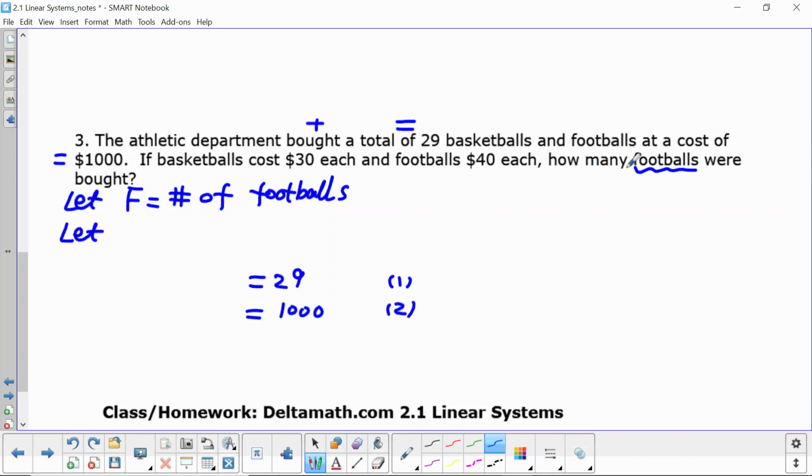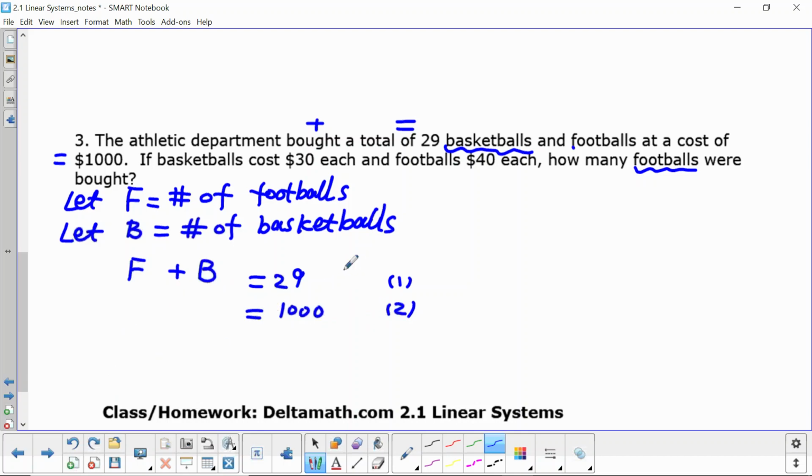Then we may use another equation later for another variable, the number of basketballs. Then we are going to set up the equations. First one is the total is 29, basketballs plus footballs. So the number of basketballs plus the number of footballs is 29. So that is one equation.